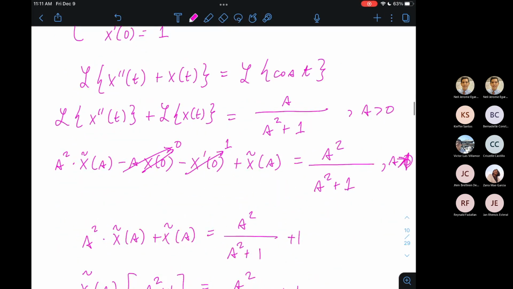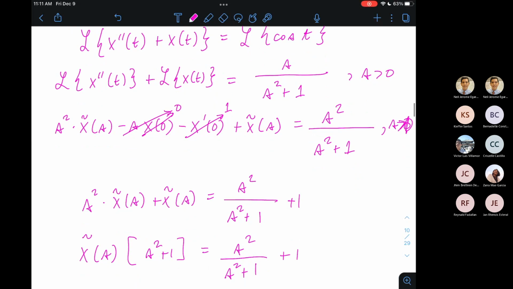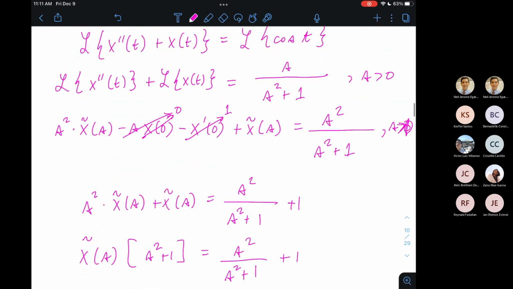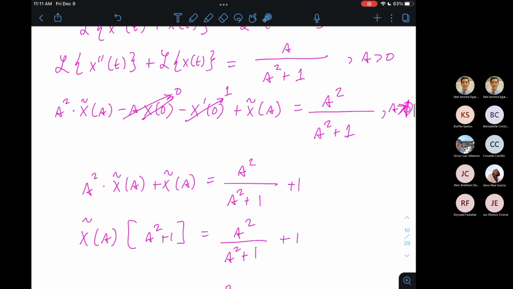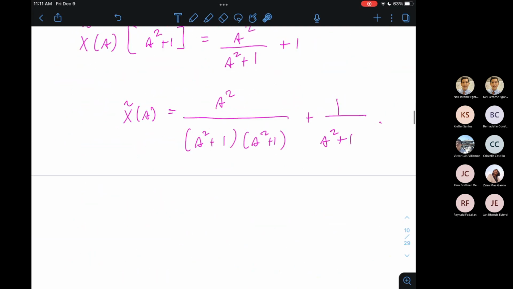What happened? Hold on. Okay. Kaya pala kakaiba. Kasi nga sa example ko, dun sa notes ko, cosine 2t yung binigay ko. Dito, cosine t lang yung nabigay ko, kaya ganun yung itsura niya. But anyway, that's still fine.